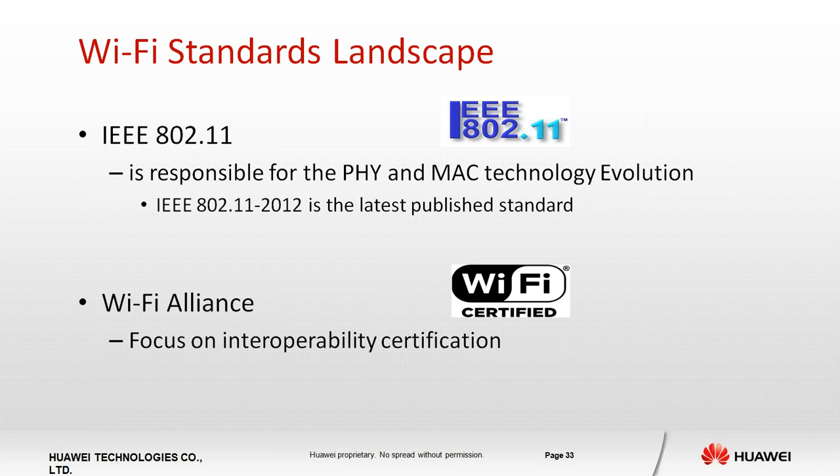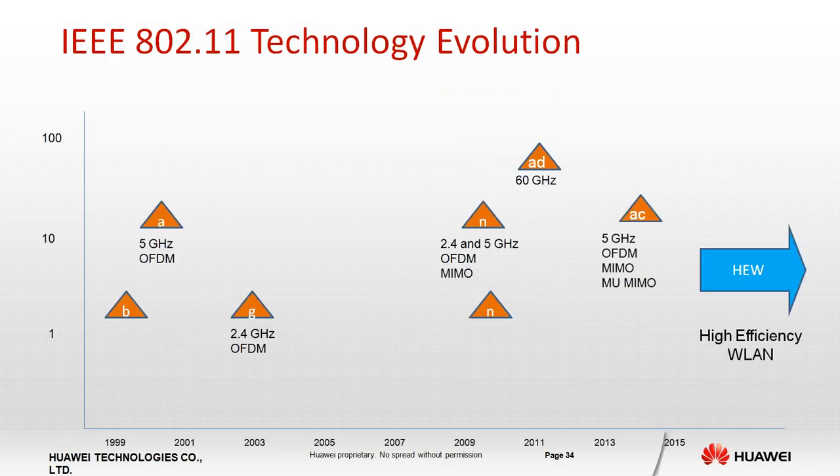The Wi-Fi Alliance also does its own protocols, usually at the MAC level. They do not usually touch the PHY part of the wireless LAN. One example is Wi-Fi Direct, which you may have heard of, which allows two devices to communicate together. In the next slide, I'm going to give a brief overview of the evolution of 802.11 technology.